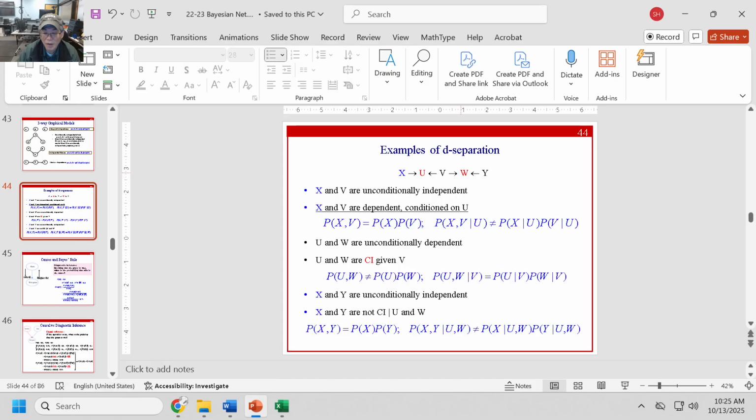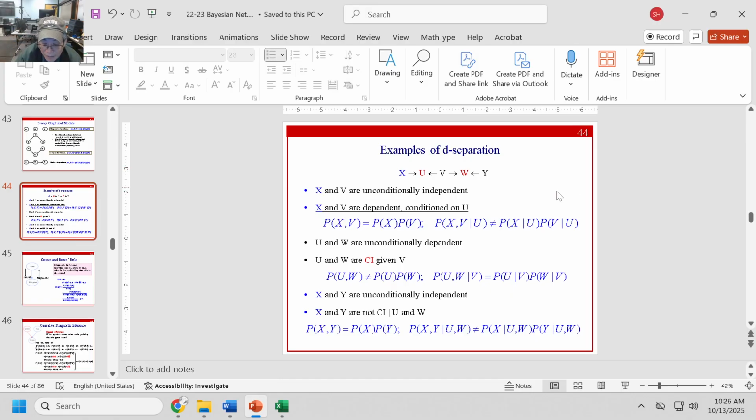We're talking about U and W. I have some independent source from X. On the two sides, I don't know. But in the middle, I have a common cause, V. If I have a common cause V, then U and W go from unconditionally independent to conditionally independent given V. So in other words, I need to take the piece out in order to make that happen.